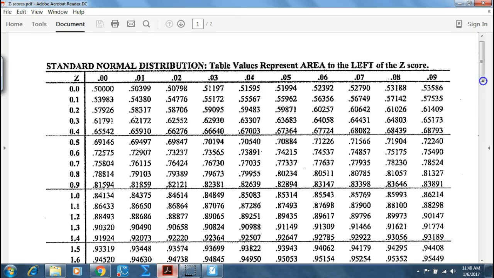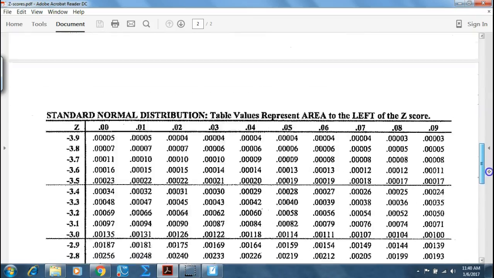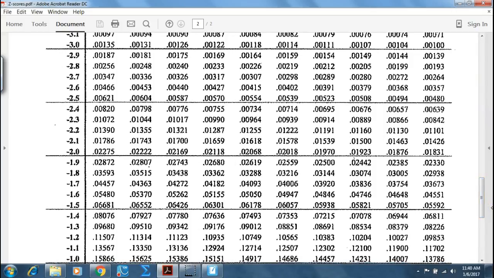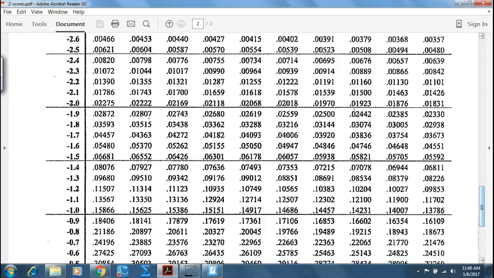Going to be in the negative side. It's halfway in between these two, right? So negative 1.175.